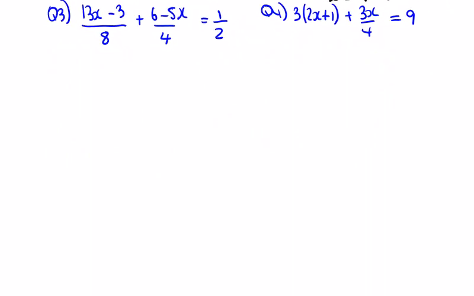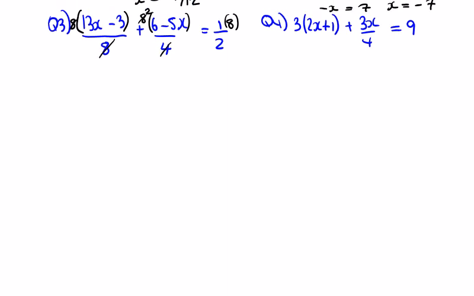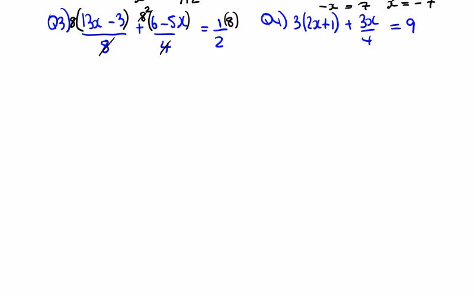I'll do question 1 with the 11 now in a second after 3 and 4. So again, we're going to multiply by 8 here. So don't make the same mistake as I made in number 1. And again, as I said to you in previous videos, mistakes are good because it helps you learn. Okay, so 8 divided by 8 is 1. 8 divided by 4, we're going to have a 2 up here. And this is going to give me a 4.